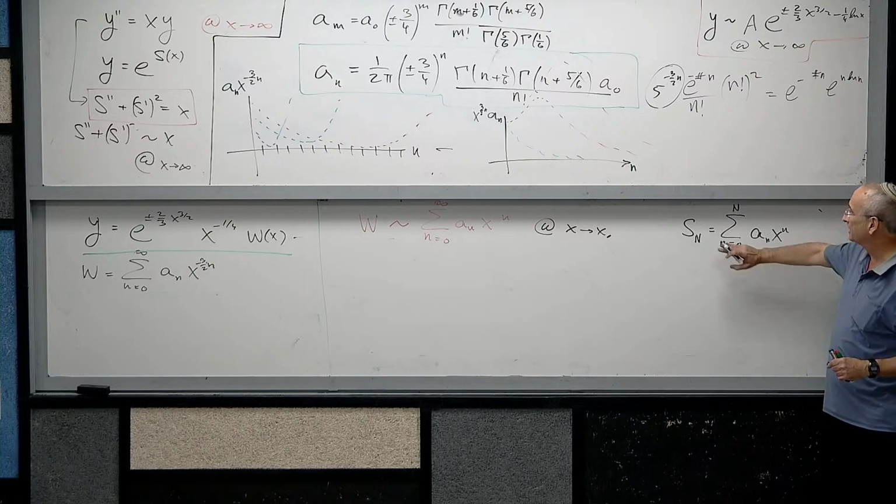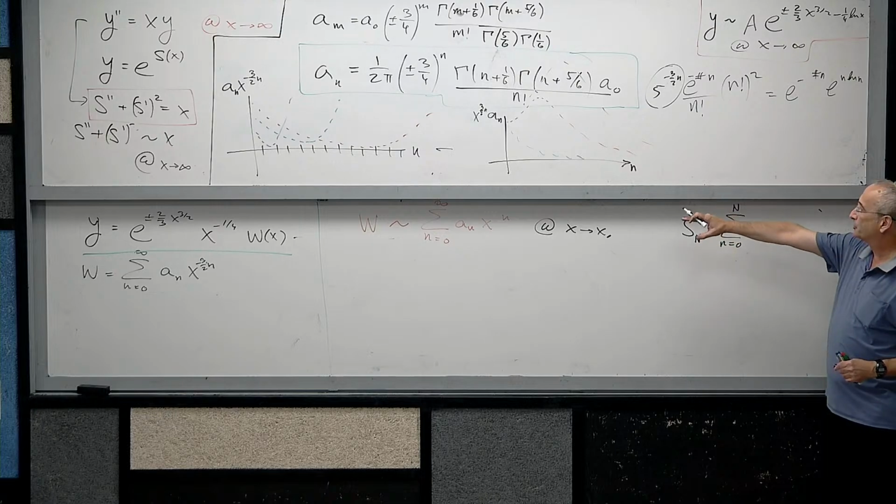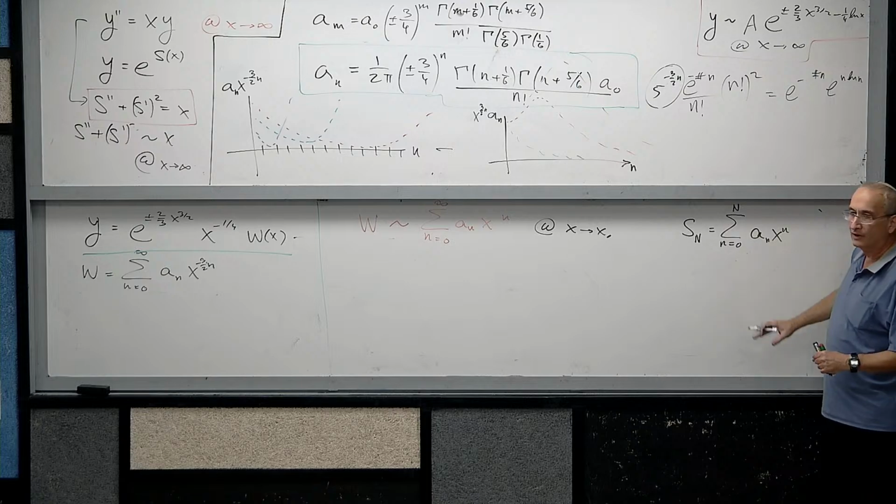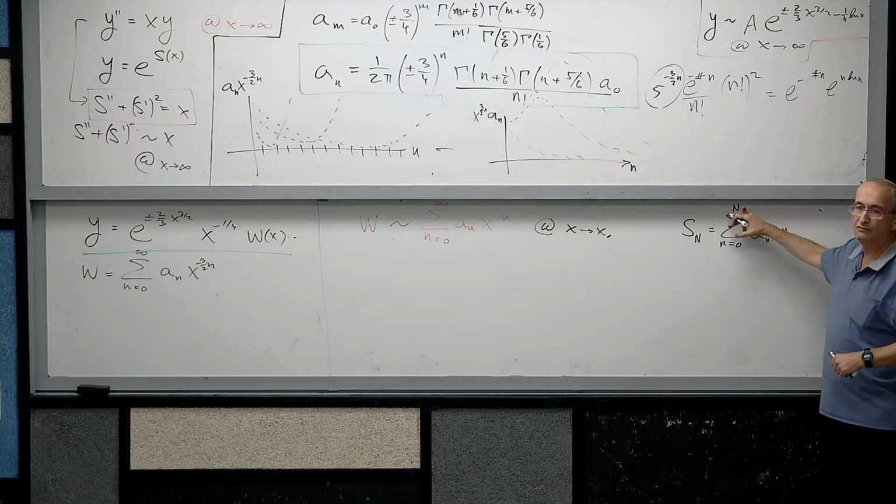Instead of summing up to n going to infinity, let's sum up to a capital N, like the first 100 terms.